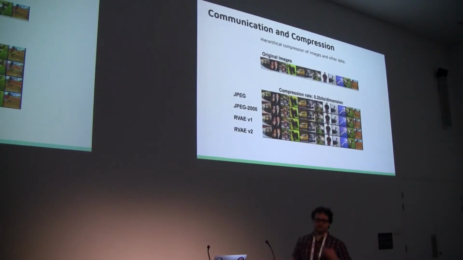So this is one of the things we can do with this type of models. With a very small number of bits per pixel, per dimension in this case, we can encode a lot of the statistics of the image and be able to reconstruct them with a very small amount of information.